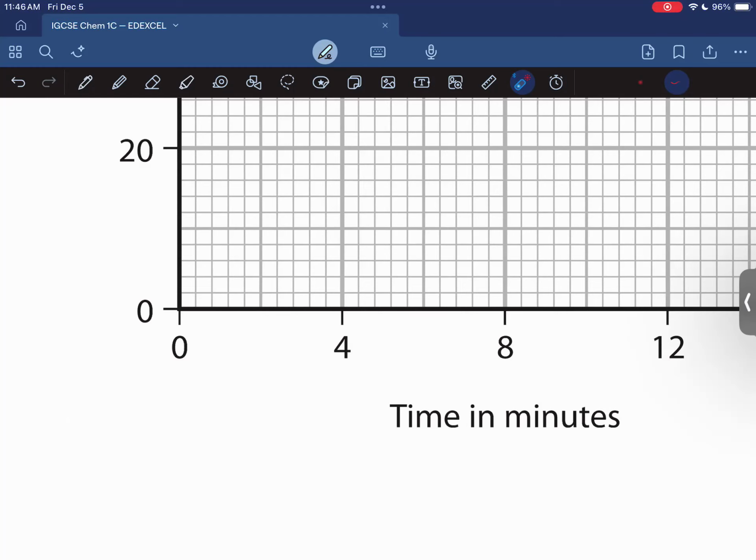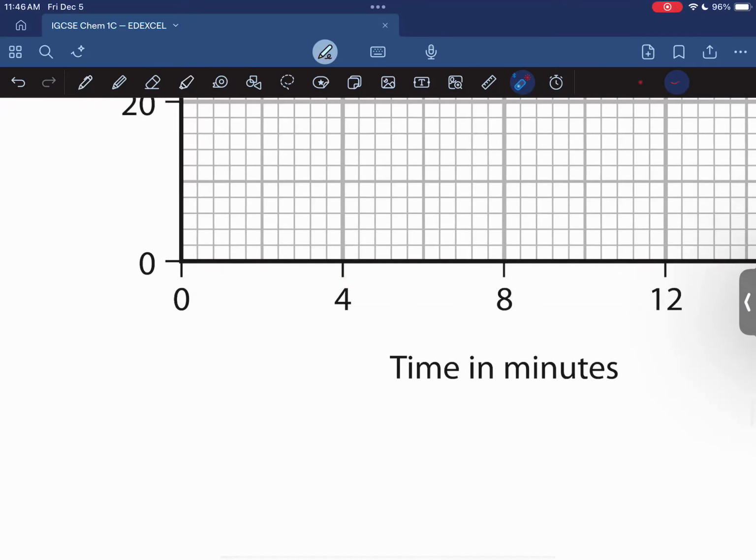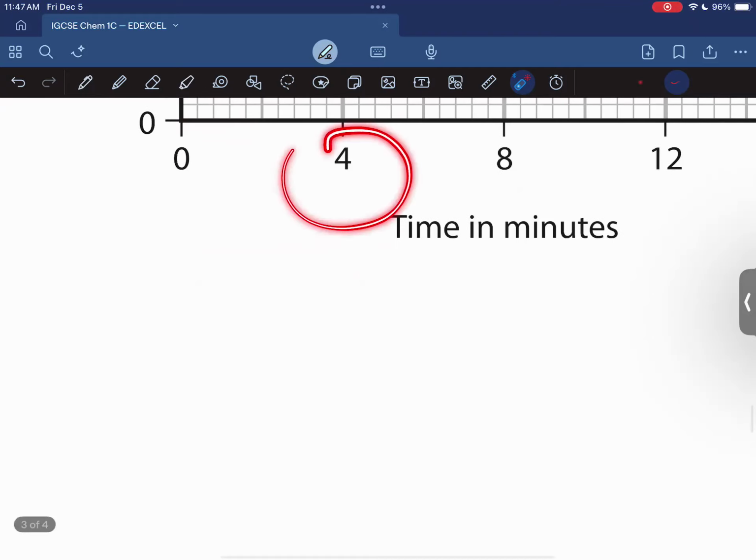Let me show you how to figure out what each of these units represents. 10 of these small boxes represent 4. There are 10 small boxes over here, so 10 small boxes represent 4.